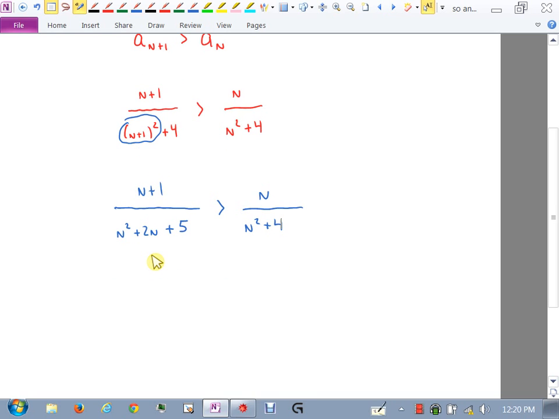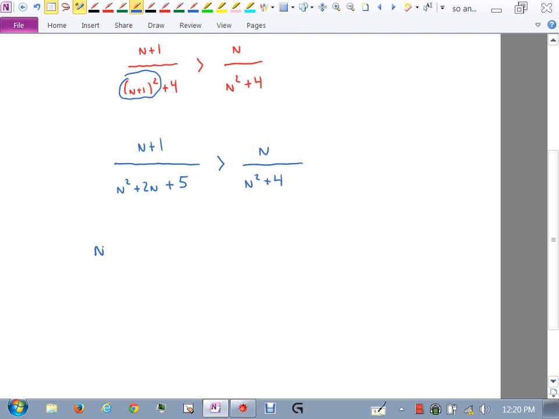So I've expanded out. Now I'm going to multiply both sides of the inequality by this. So it'll cancel over here and it'll appear over here. I'll multiply both sides by this, which means it'll appear over here and cancel over here. So I'll have n squared plus 4n plus 1, and then n times the other denominator.